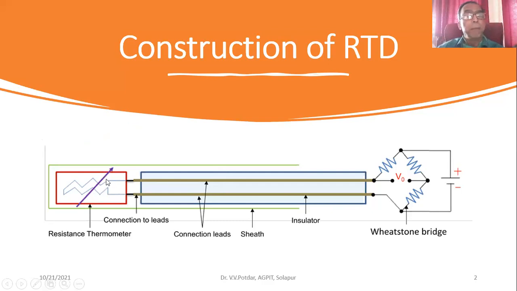So this is my variable resistance sensor, and this is the sheath that is provided. And then the leads of these resistance sensors are connected, as you can see here, to the Wheatstone bridge. So this resistance meant for temperature sensing becomes one arm of my Wheatstone bridge circuit.